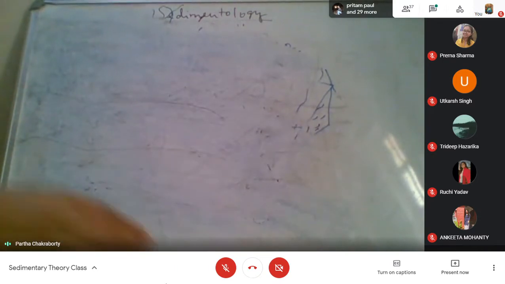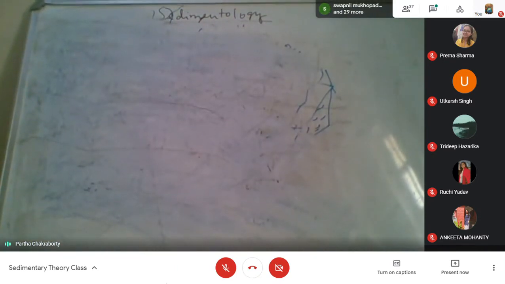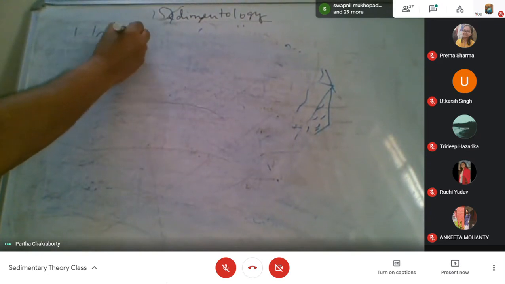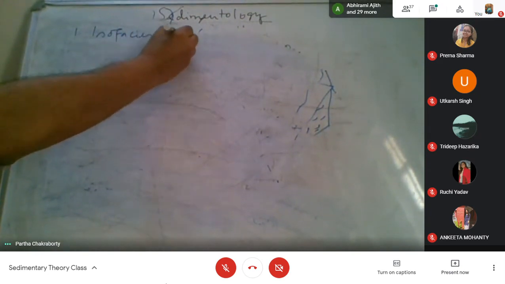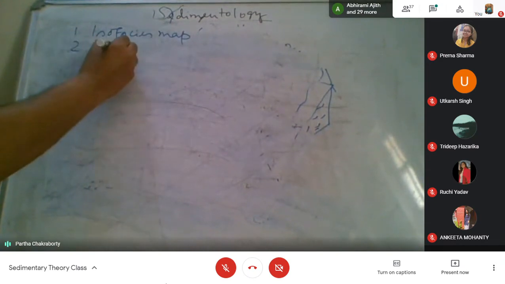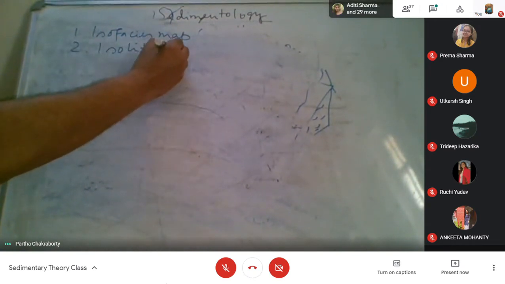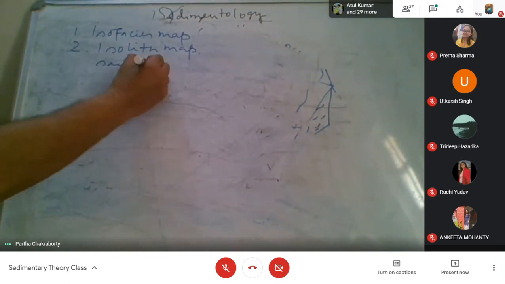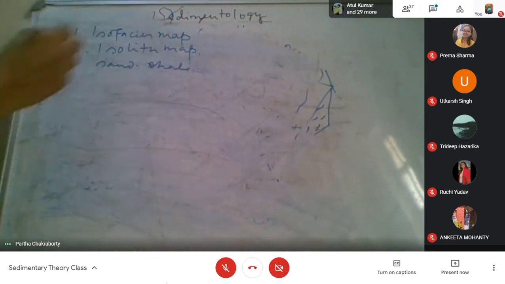There are different kinds of maps we generate. Isofacies map, isolith map. What is isolith map? That is the sand to shale ratio map. All these.